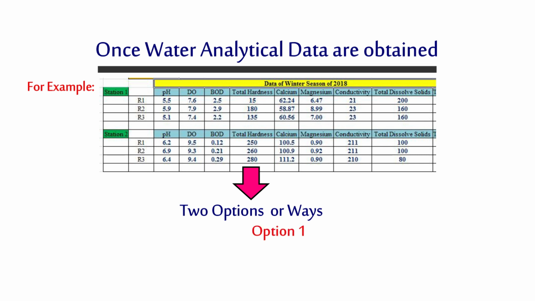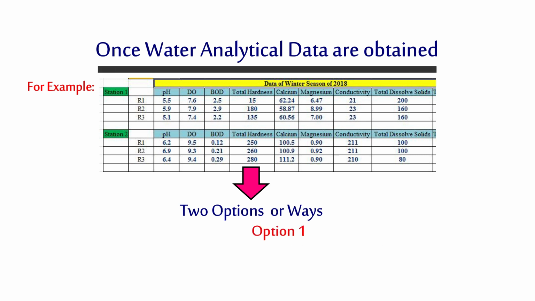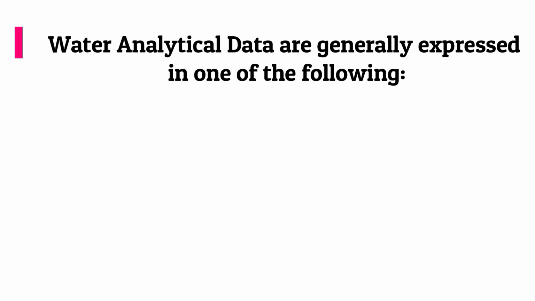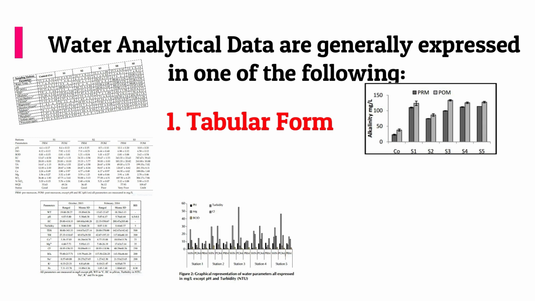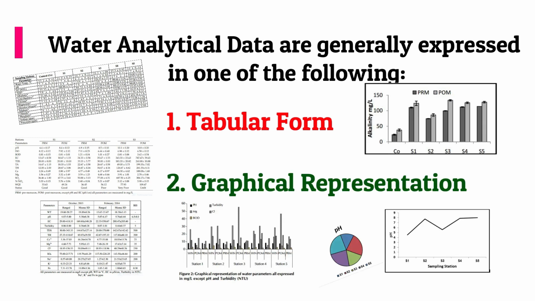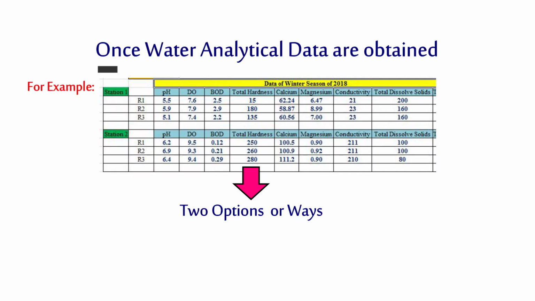First option, the analytical data obtained from the analysis of the water samples are presented either in a tabular form or graphically. This style of format of data representation is done technically adopting what is known as descriptive statistics.